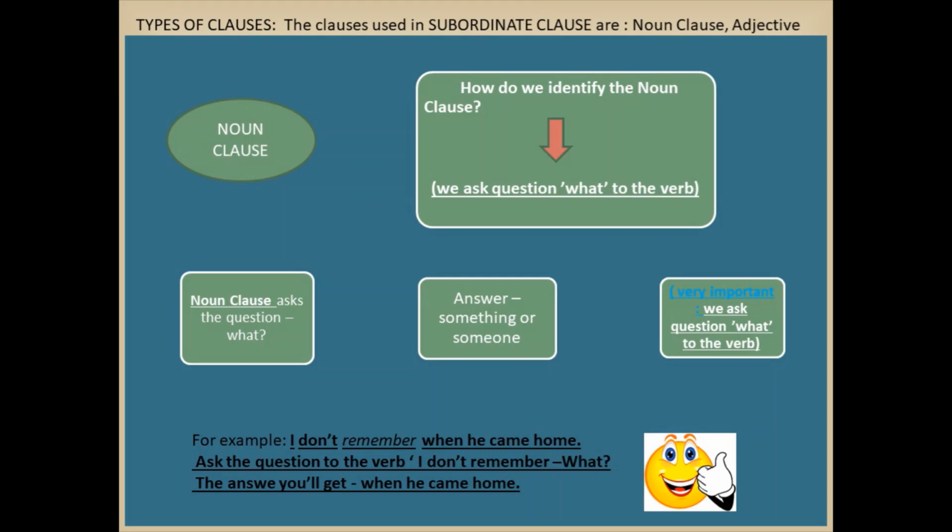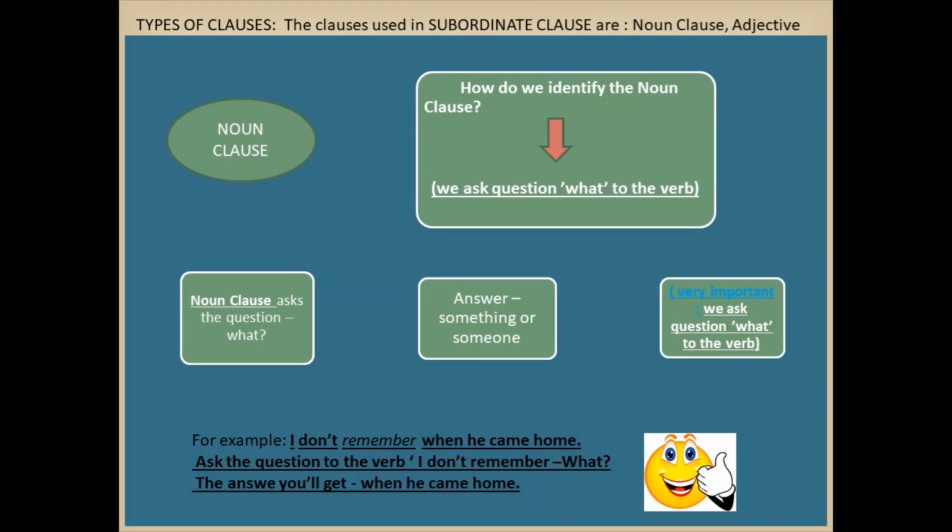I don't remember when he came. Now, what did I say? That we have to ask the question what to the verb. Before that, what is our first task? We have to look for the clauses. I don't remember is one clause. When he came home is the second clause. Now we have to identify which is the subordinate or coordinate clause or the main clause.